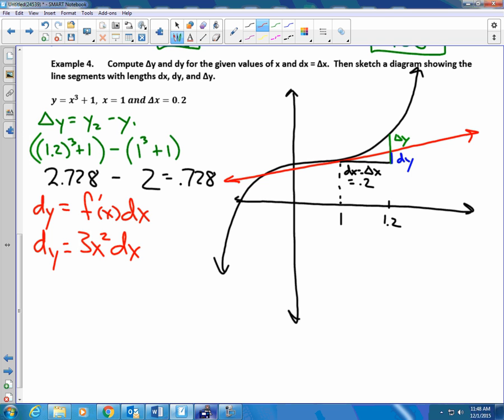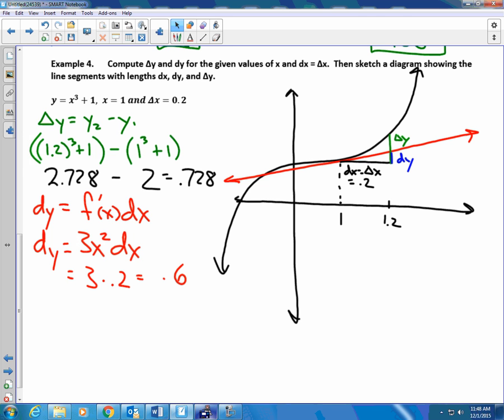What do I plug in for x? 1. So I get 3 times, what's dx? 0.2. What's 3 times 0.2? 0.6. So you can see I come up with 0.6 for the blue segment. So we get 0.6 and 0.728.